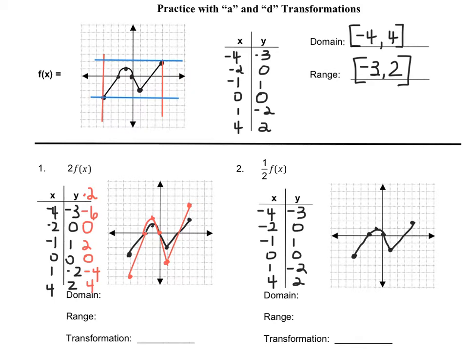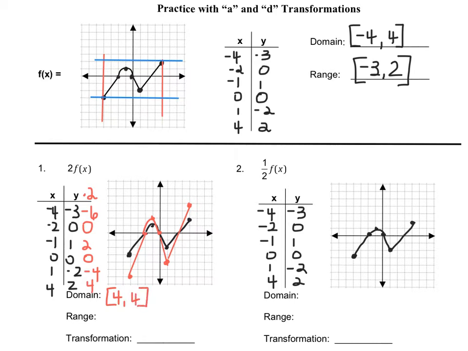Now we're going to put in the domain and the range. I know what the black domain and range is because I already have it up here. This is my original domain and range. What is my new red domain and range? I'm going to go left to right. So my new domain is -4 to 4.